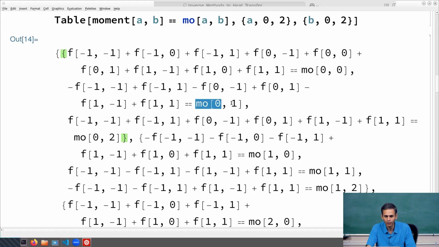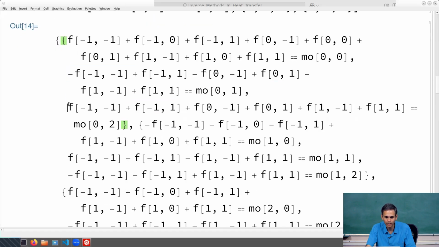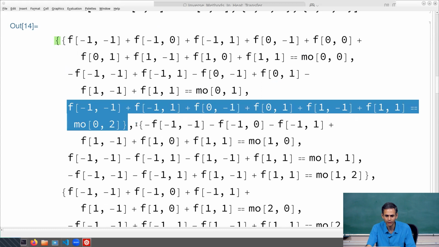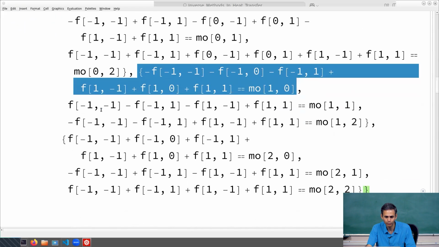Now moment of 0, 1 equals these values, correct. And then similarly you see moment of 0, 2 is up till here. So you have all these equations written down in a list of lists. Okay, that's what this table has done in putting them up.